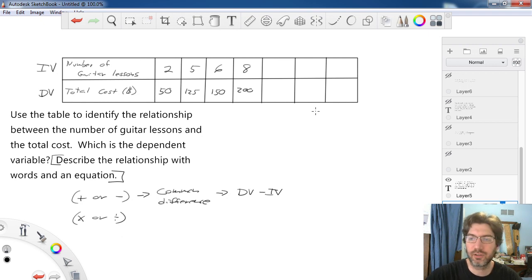That way, when you write the equation, it's actually going to be the inverse of that. So you'll be like, okay, what am I adding to 2 to get to 50? What do I add to 5 to get to 125? So you're going to go through each of these and subtract them.